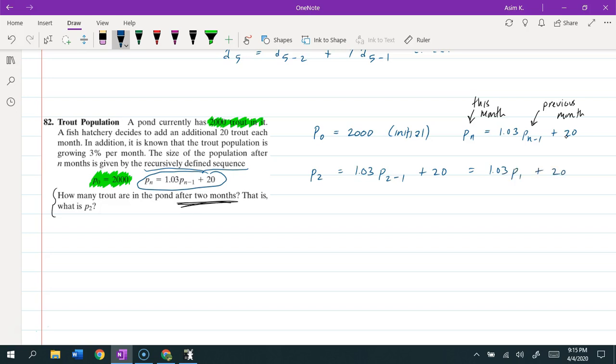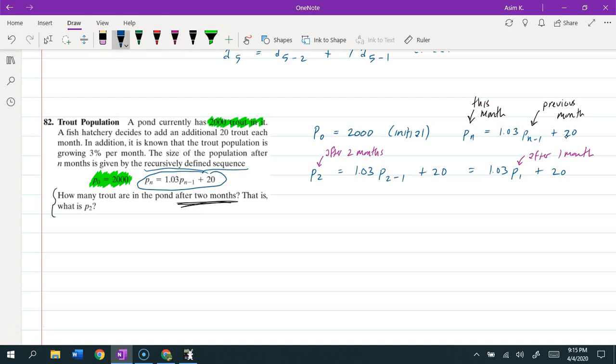And now we have a problem. And the problem is this. If you want to find out how much you have after 2 months, you can't find that out unless you know how much you had after 1 month. So what does that tell you? That tells you that you have to keep going, spiraling back more.